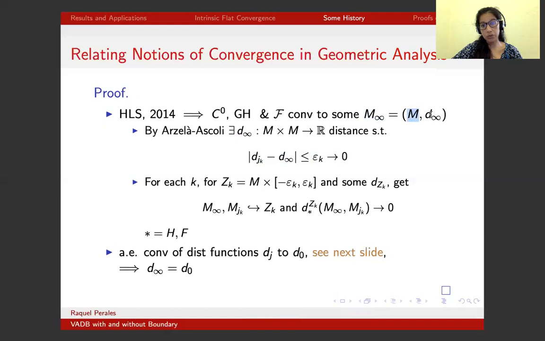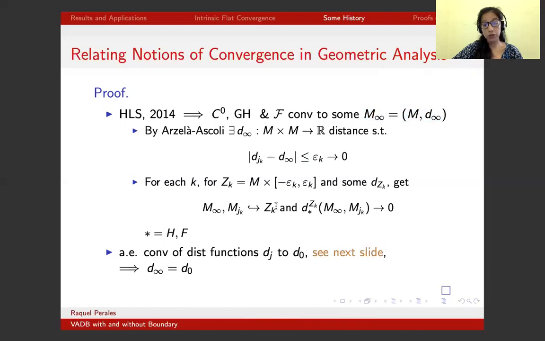The claim is that our subsequence converges in the Gromov-Hausdorff sense and intrinsic flat sense to this metric space. It follows almost right away by the theory of intrinsic flat distance, but one can also do the following.